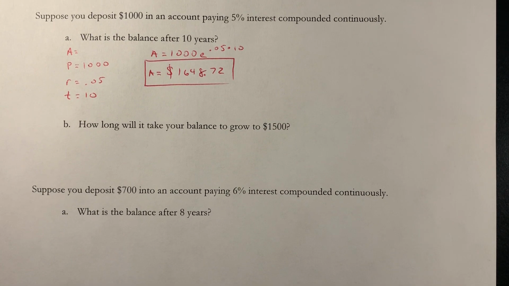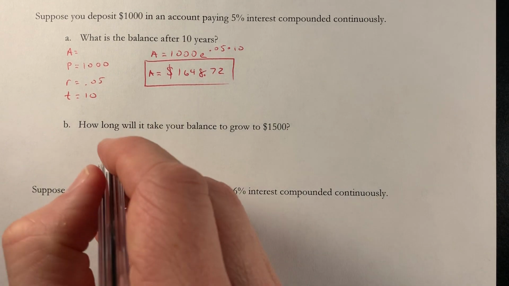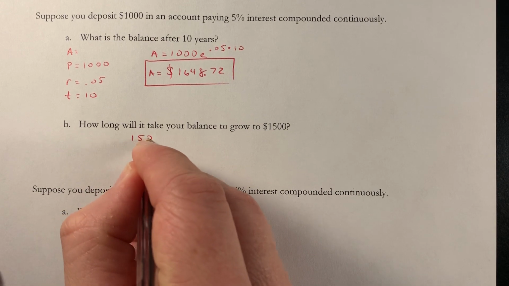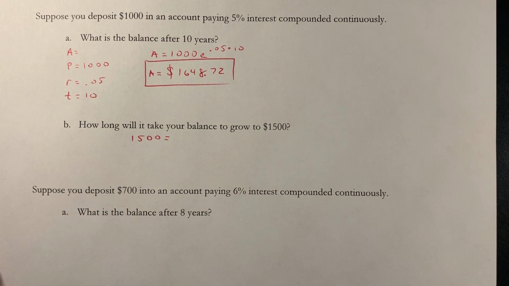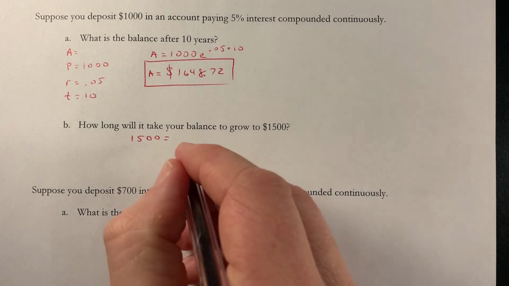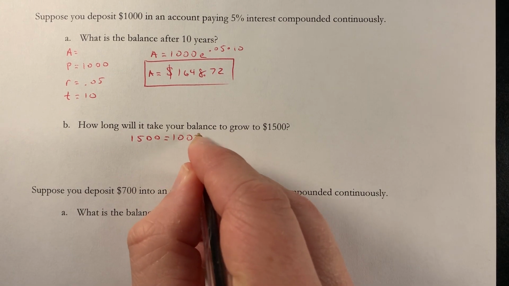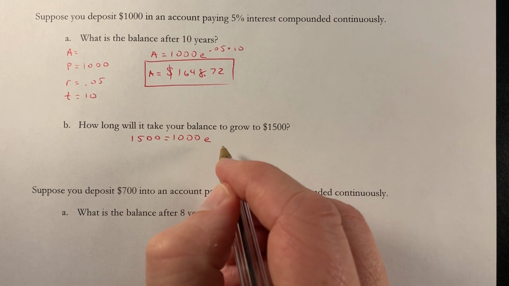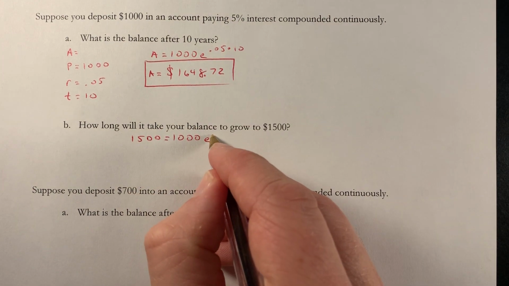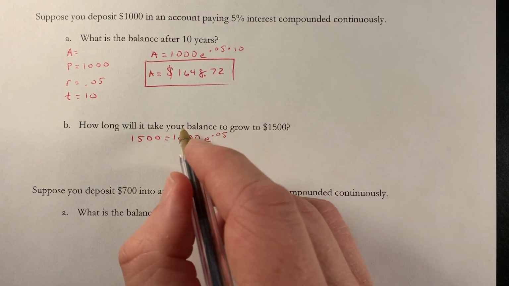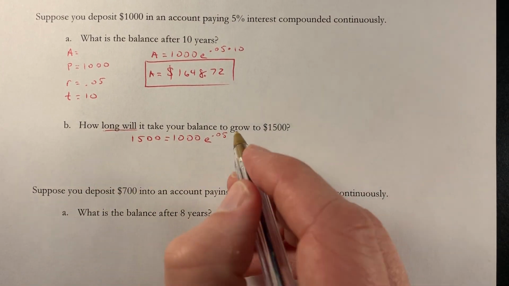How long will it take to grow the account to $1,500? So now the ending balance is going to be $1,500. So $1,500 equals the principal, what we started off with, $1,000, times e to the r, which is 0.05, times t. How long means we don't know t.